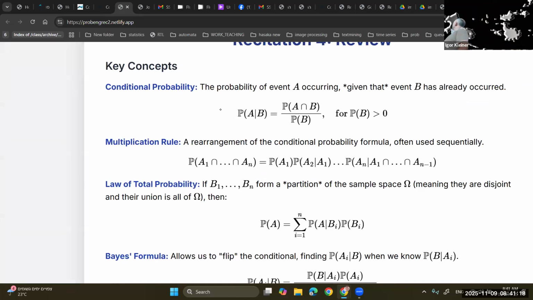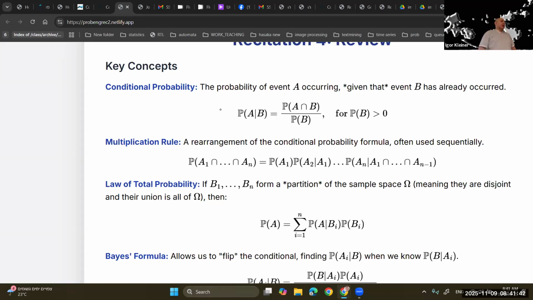We can calculate the probability of some event given additional information. The probability of event A given B, by definition, equals the probability of A intersection B divided by the probability of B, given that the probability of B is greater than 0. This formula is very, very important.